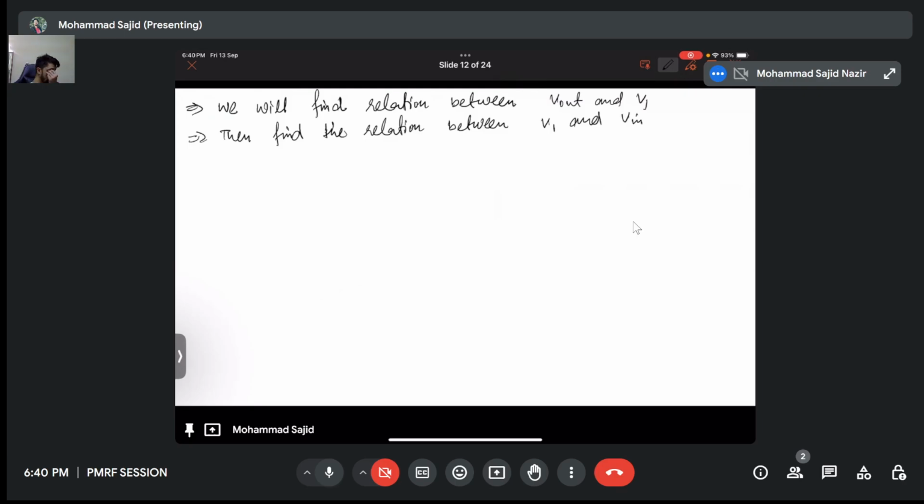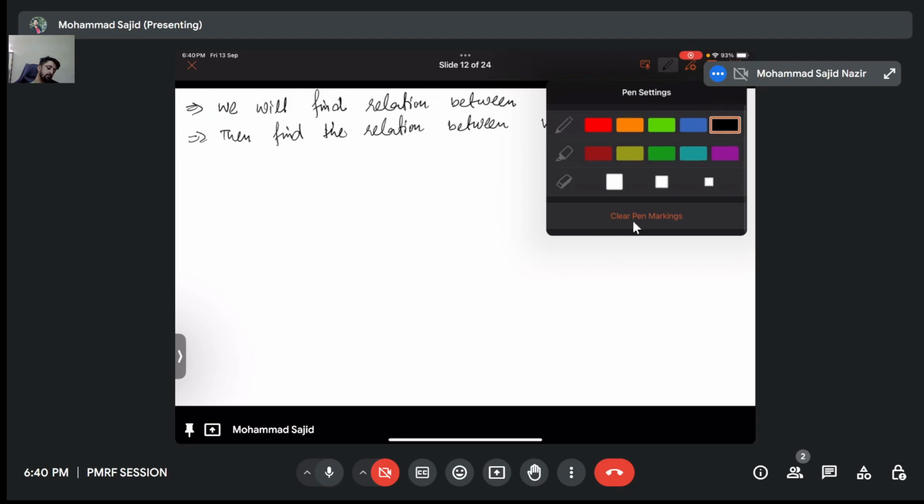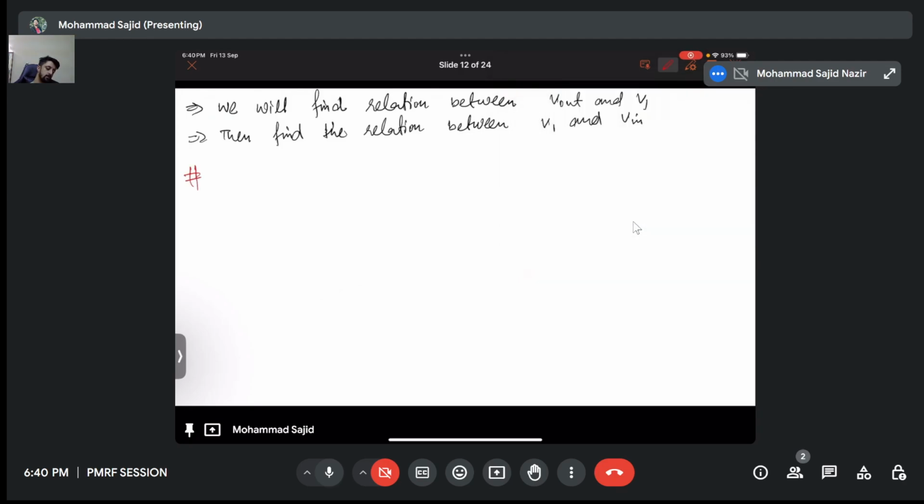So this will be the procedure. What are our steps? Simple again. Nodal analysis at the output node.